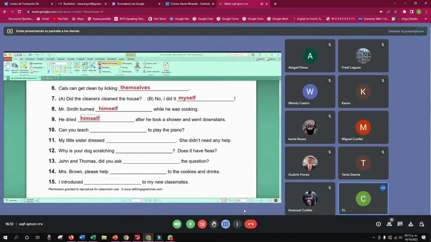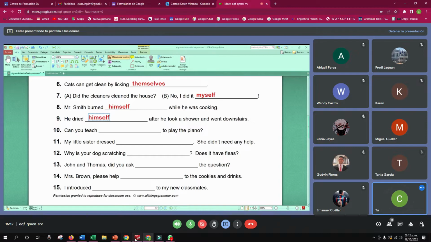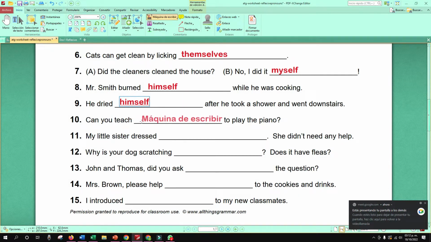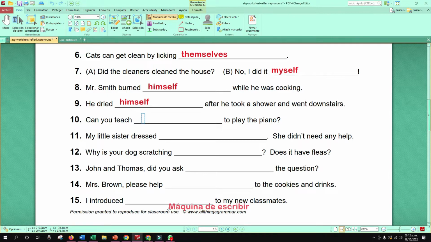Okay. So, what about this one? Can you teach play the piano? Thank you, Mr. Miguel. Yourself. Yourself. Okay, nice. To play the piano, right? So, what about 11?